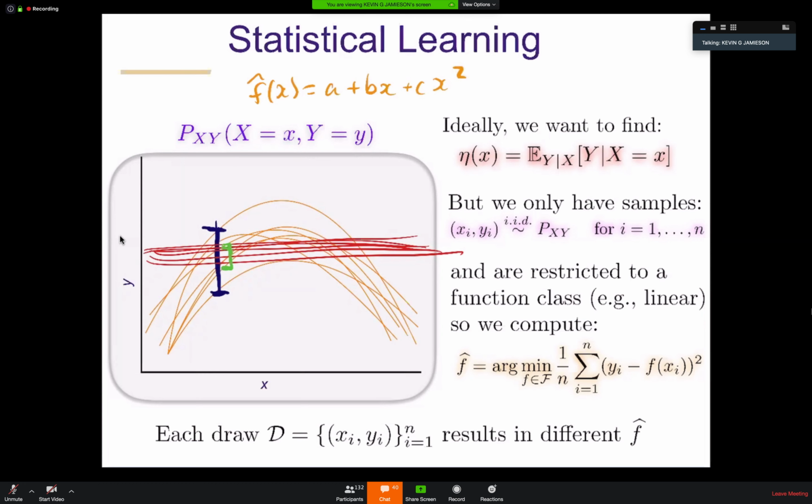Now, each one of these red functions, let's call it g hat of x, is just a line. It ignores the value of x, and it's just some value a. So f hat is parameterized by a, b, and c. That's the number of parameters. And g hat is just parameterized by a constant.